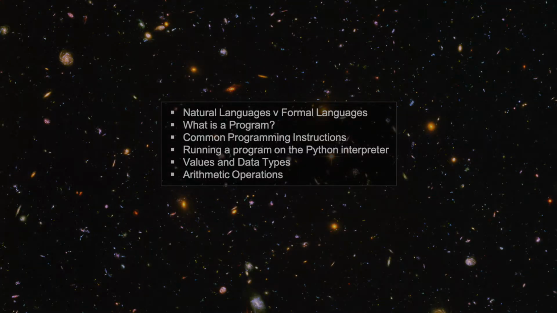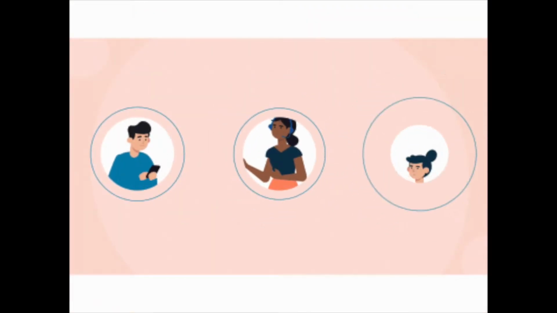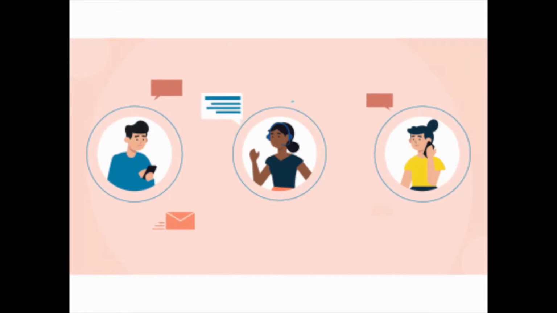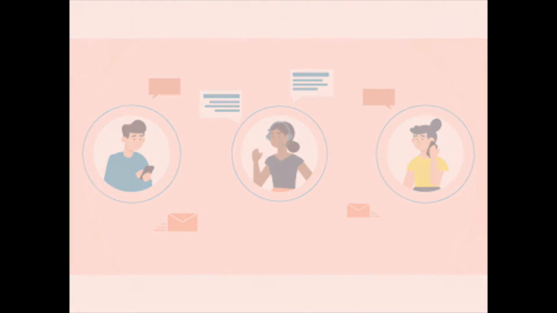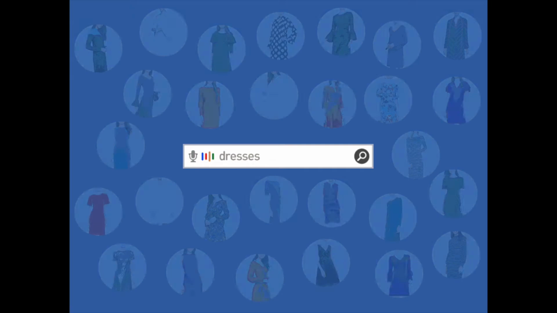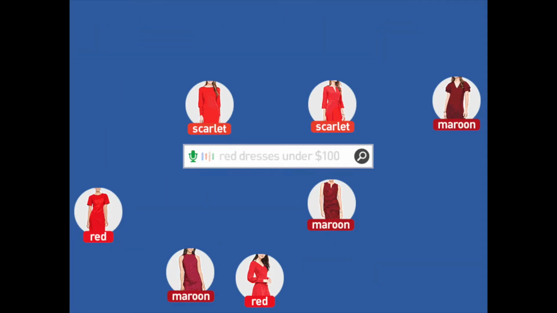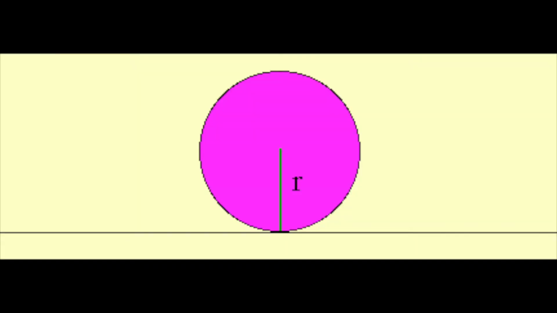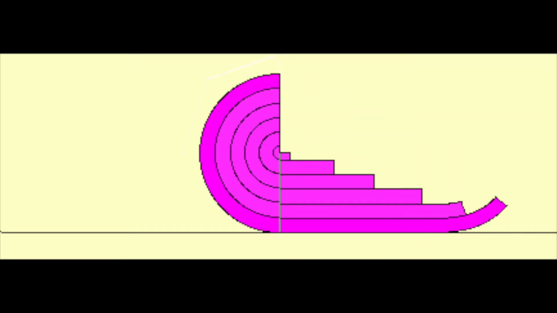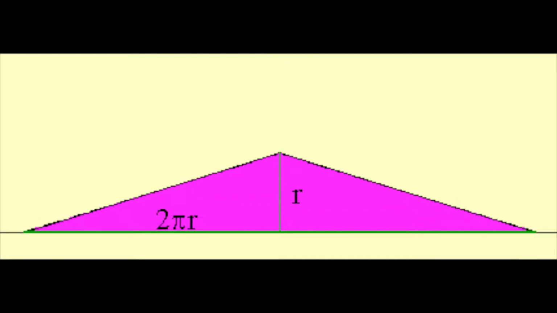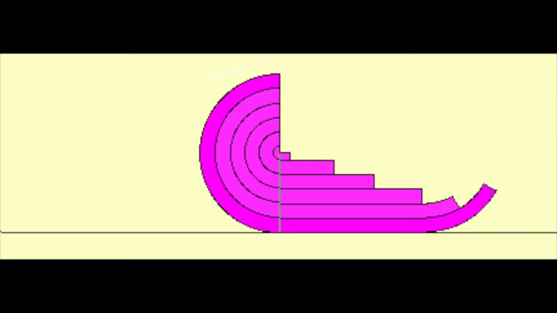Before we jump right in, we need to understand the difference between natural and formal languages. Natural languages are the languages that we speak on an everyday basis to communicate with other human beings. Formal languages, on the other hand, are designed by people for specific applications. For example, the notation that mathematics uses is a formal language that is particularly good at denoting relationships among numbers and symbols.